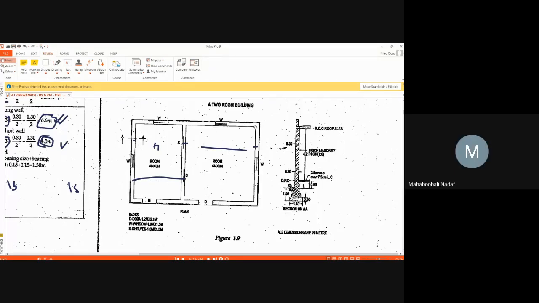The total distance, how much are you going to get? 40.1.